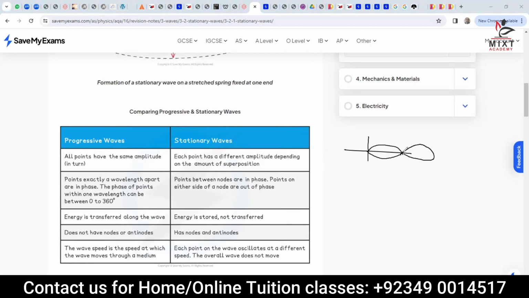If this is your node and this is your node, this point is not in phase with that point because it is beyond the nodes. But if it is within the nodes, like these two nodes, then you will find points which are in phase. So points on either side of a node are out of phase. Points between nodes are in phase.